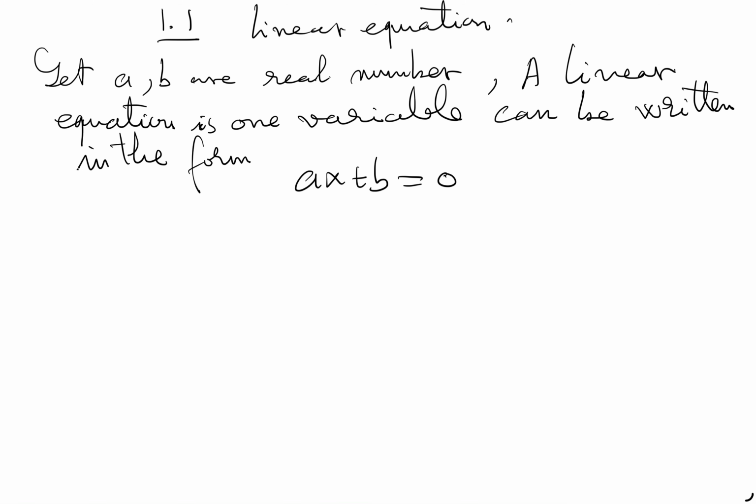This is called a linear equation. And make sure a is non-zero. Okay? a is always non-zero. b doesn't matter. b can be 0 or equal to a non-zero value. Okay, this is called a linear equation.